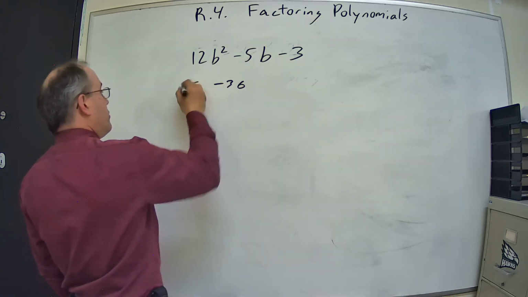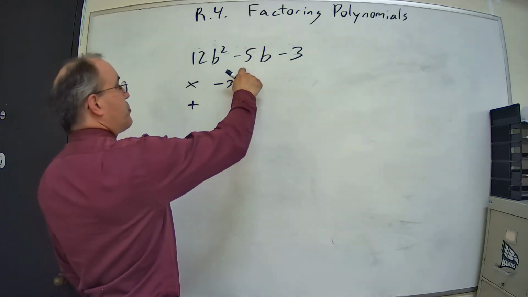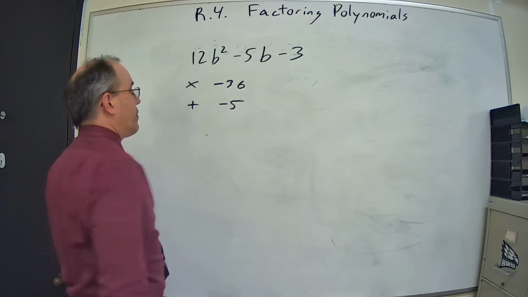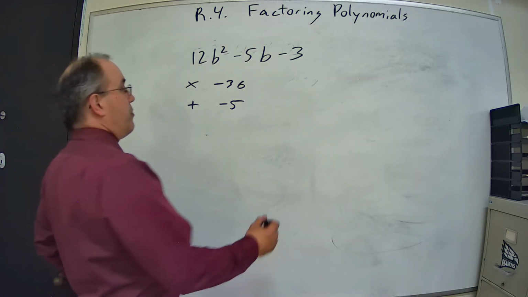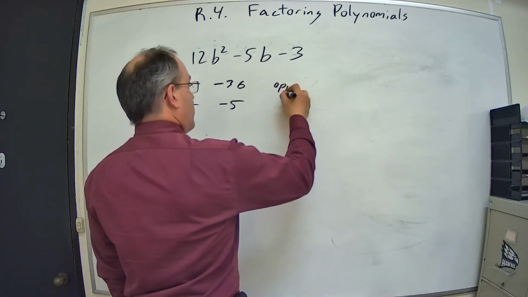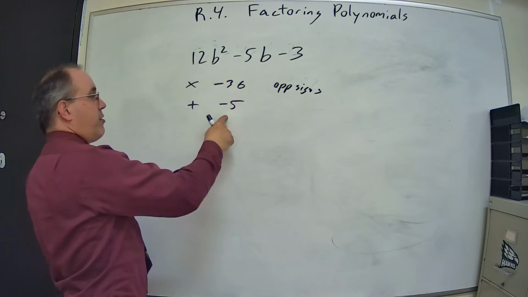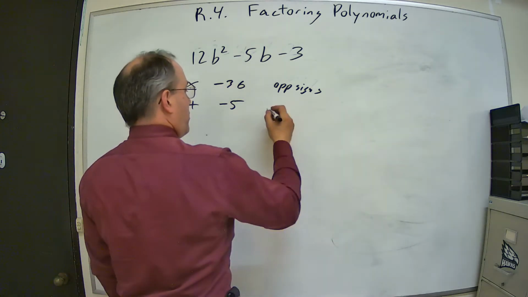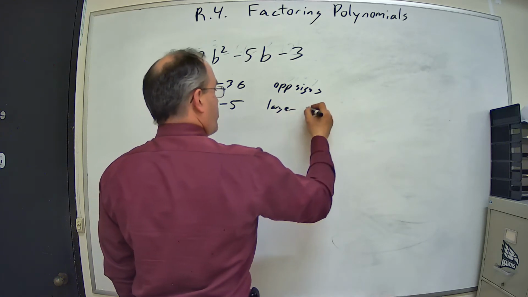So I'm looking for two numbers that multiply to negative 36, and then they add to whatever this middle one is, negative 5. The answer is negative, so they're going to be opposite signs. The center term is negative, so you're going to have a larger negative value.